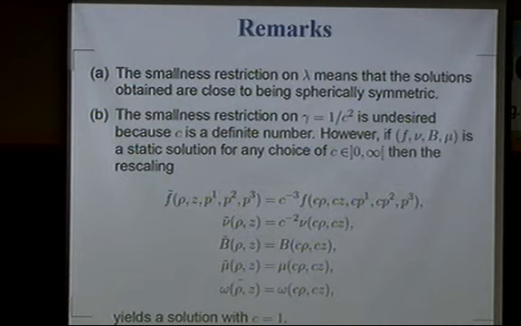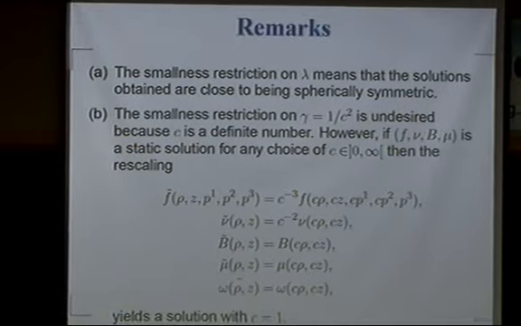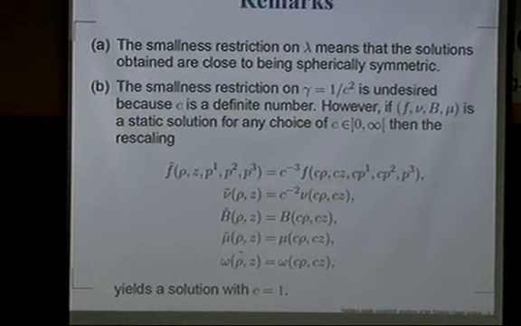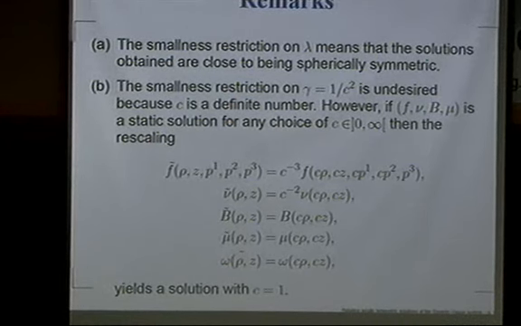So I should make some remarks here about this theorem. So first of all, the smallness restriction here on lambda means that the solutions we construct are close to being spherically symmetric. This parameter is also in some way undesired, because you really would like to get in a situation where gamma is equal to a definite number, because c is really the speed of light.